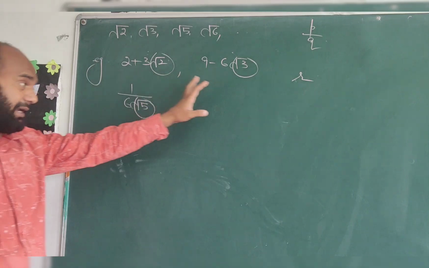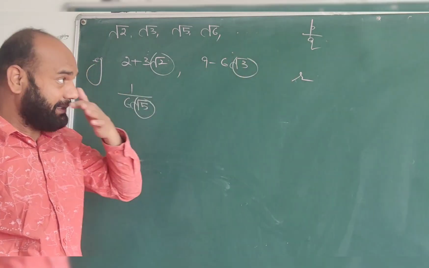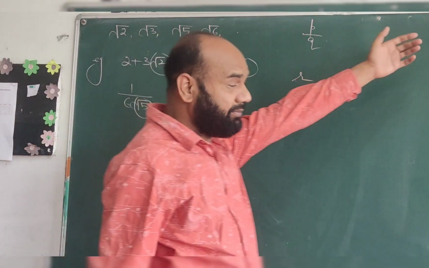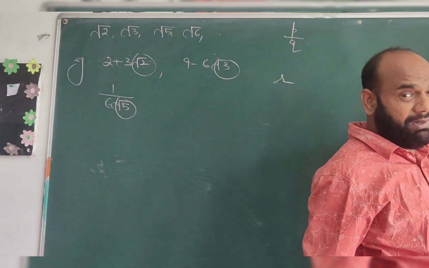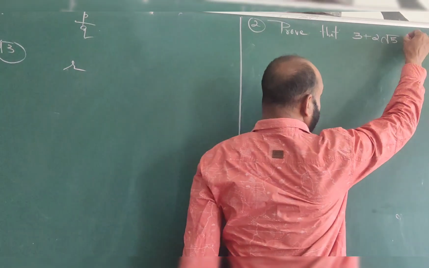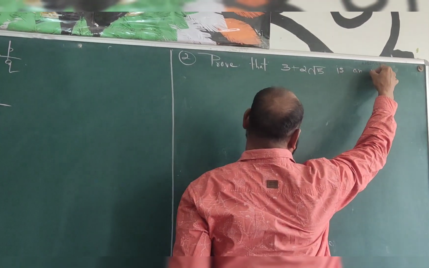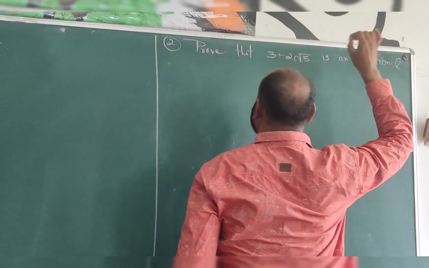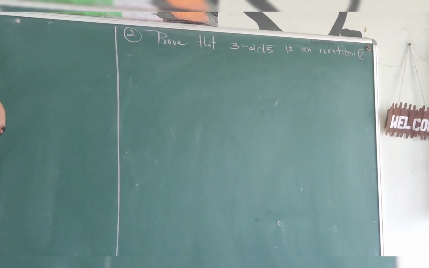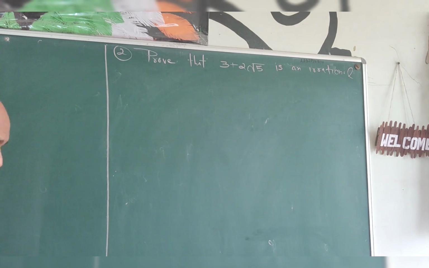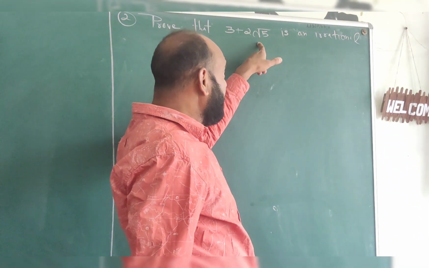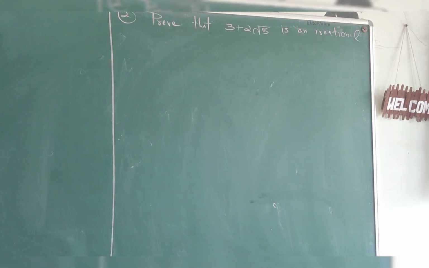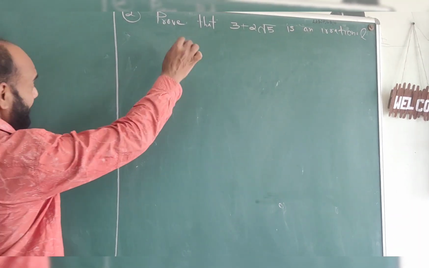These can be solved by the R method, and we solve here the question: prove that 3 plus 2 root 5 is an irrational number. In this question we see the term of root 5 is prime, so it can be solved by the R method.